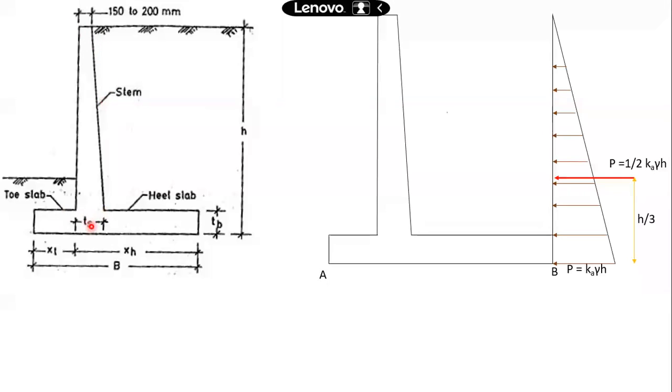You can see TS, the thickness of the stem at the base and at the top. If you compare, they are different. They are not kept constant. What is done is it is tapered and the thickness is reduced towards the top of the stem. Why is it necessary? Why does that have to be done?